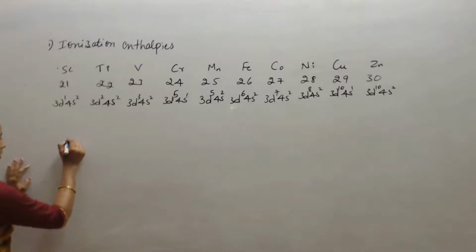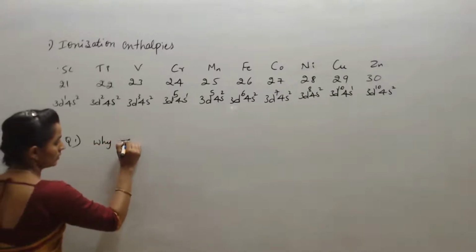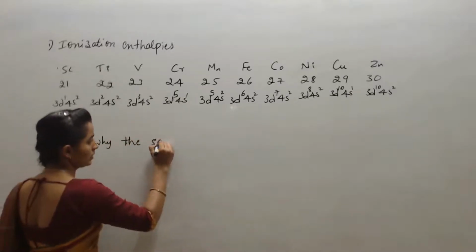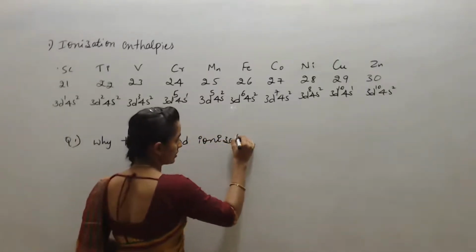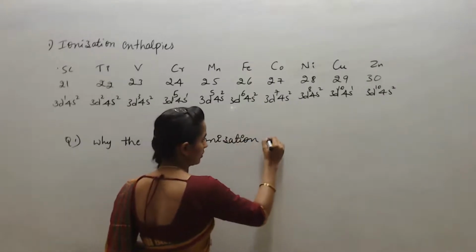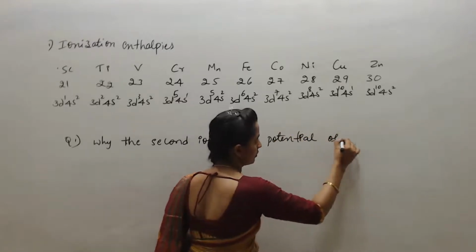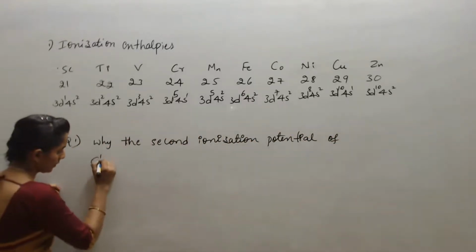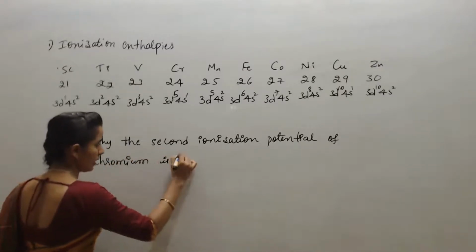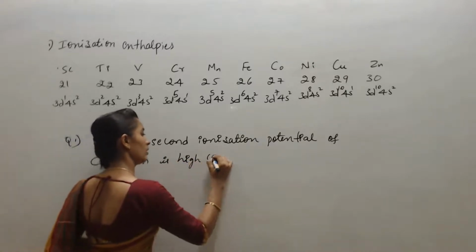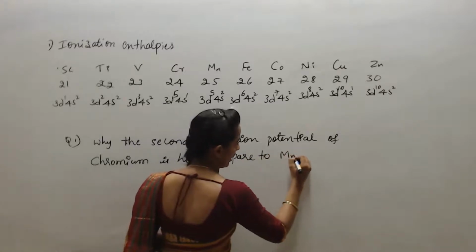Questions they are going to ask: question number 1. Why is the second ionization potential of chromium high compared to manganese?